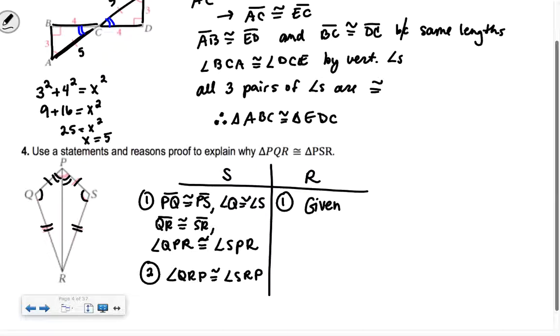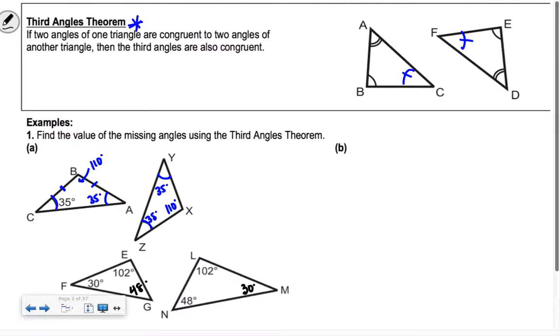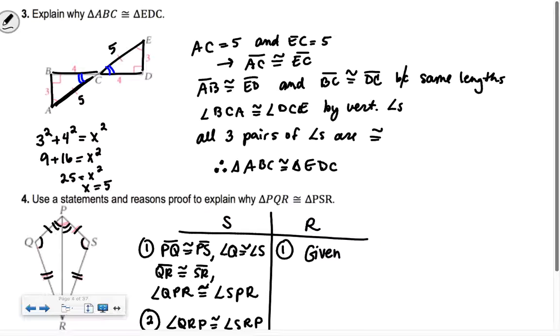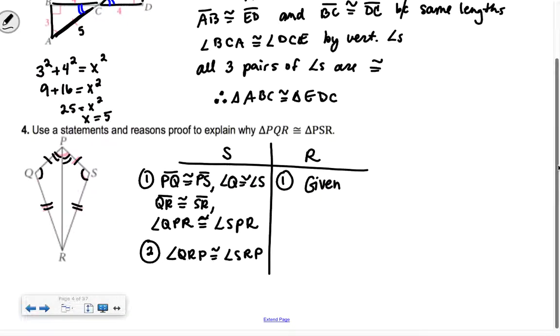How can I say those two angles are congruent? It's one we learned in this section. Let's go back. You guys see it? That's why we need to know that one by name. So it's by the third angles theorem. If you have 2 angles congruent already, we can say the third one's congruent by the third angles theorem.